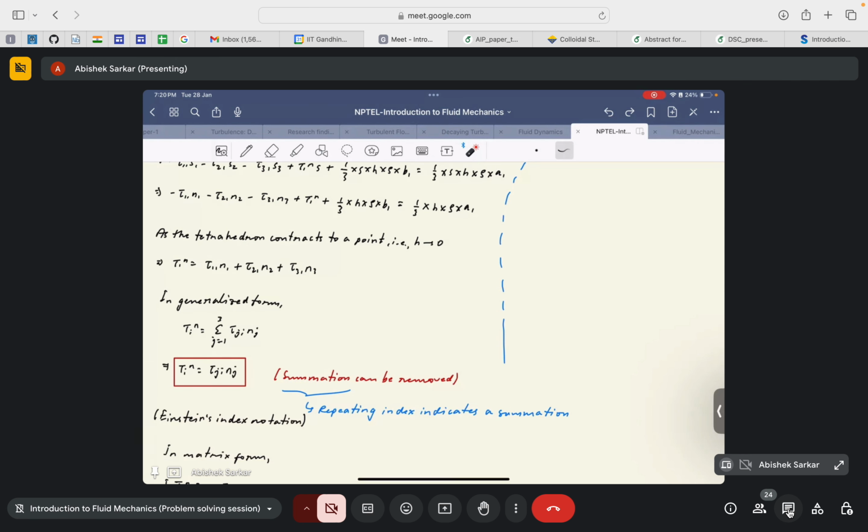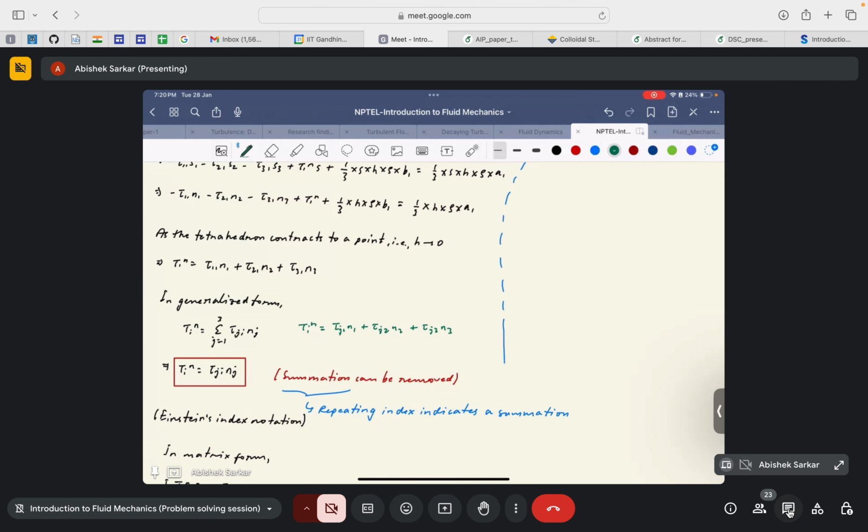So j would vary from 1 to 3. So tau i n would be tau j1 n1 plus tau j2 n2 plus tau j3 n3.